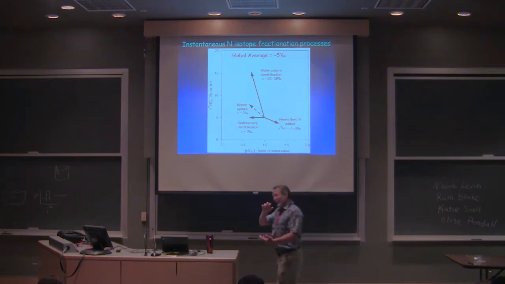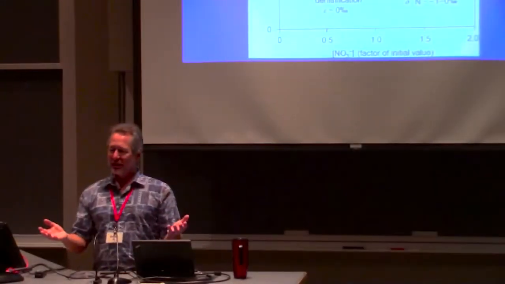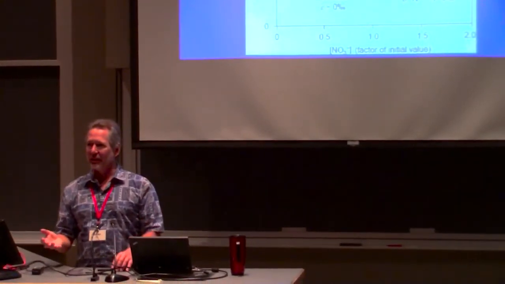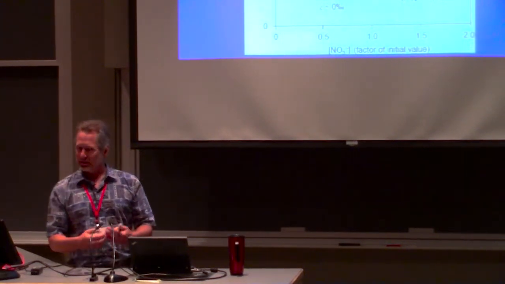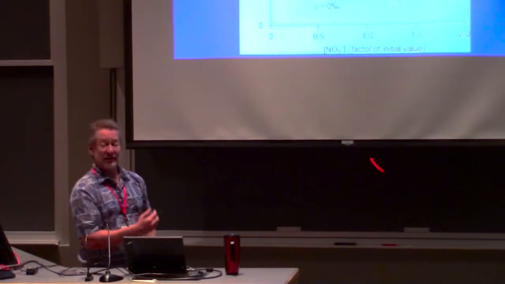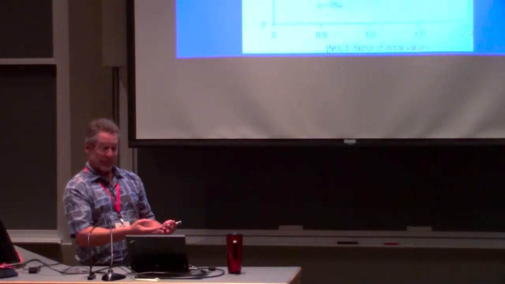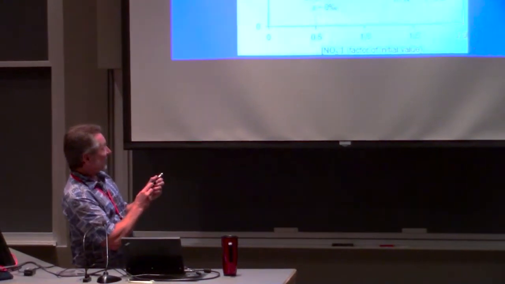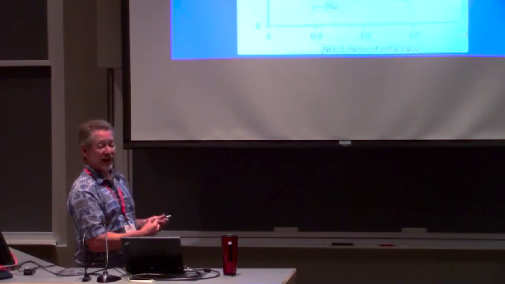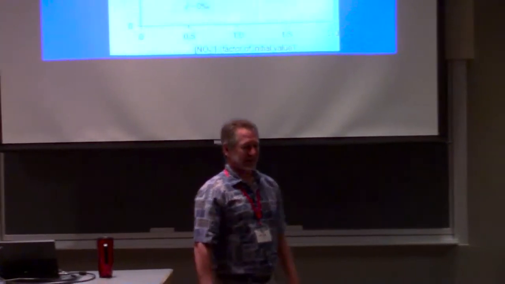So you will find nitrate in the deep Atlantic, the deep Pacific, the deep Indian Ocean has an isotopic composition of about 5 per mil. So what it means is that these processes of adding and subtracting are pretty well balanced, and it maintains that isotopic composition of about 5 per mil. And the concentration doesn't change a whole lot either.